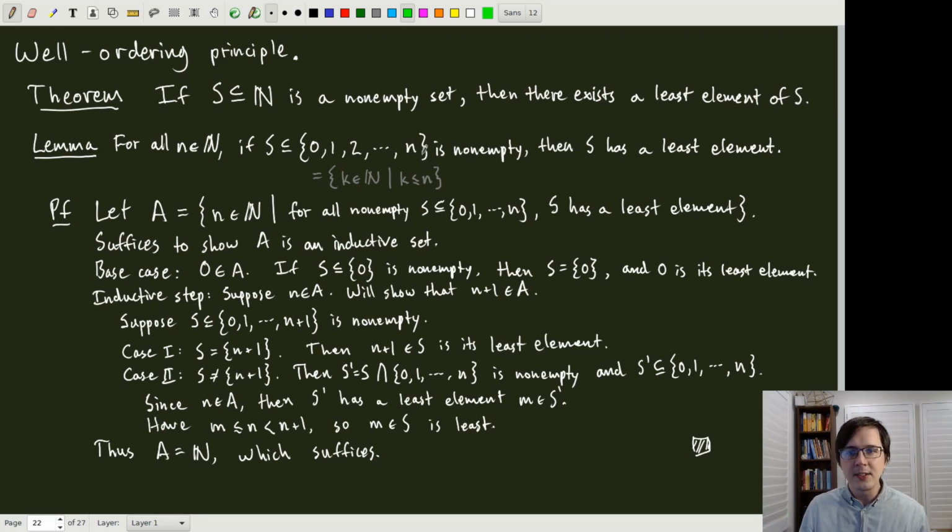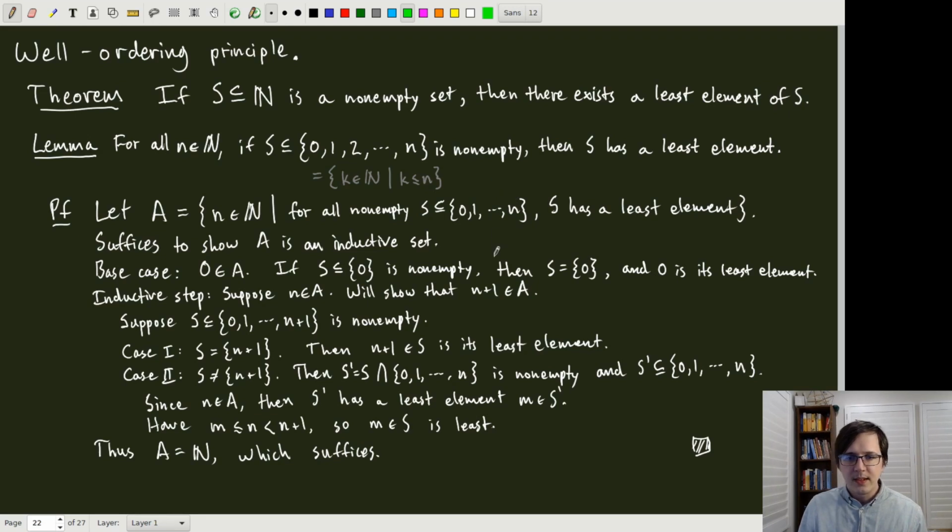Intuitively, the way we get that least element is we walk along in increasing order of natural numbers, and we know that we can stop at the nth one because there are no more numbers beyond that. And it's non-empty, so we will run into one.